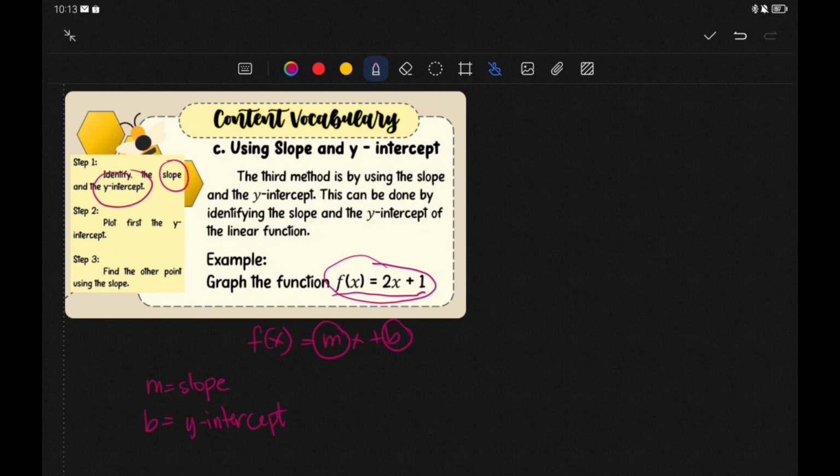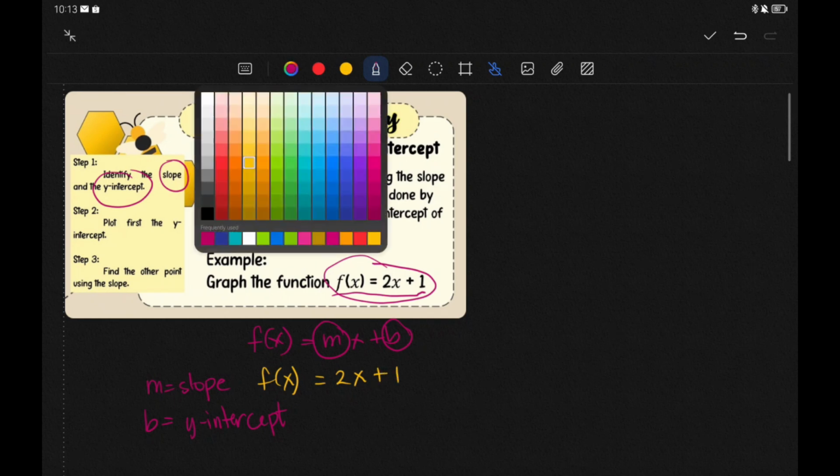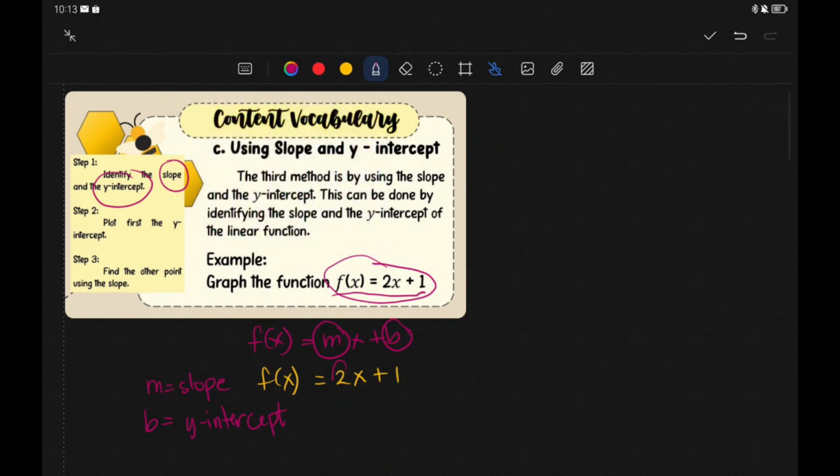So as you can see, we have f of x. Let me rewrite that one. F of x is equal to 2x plus 1. Now, our 2 here is our slope.